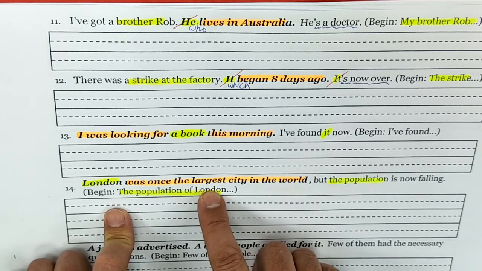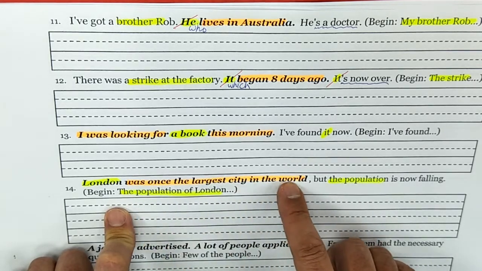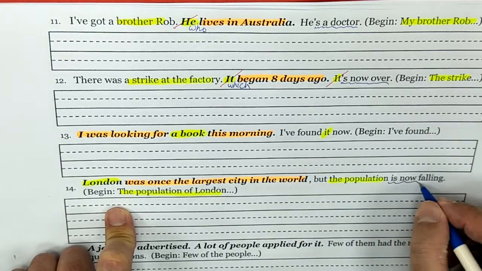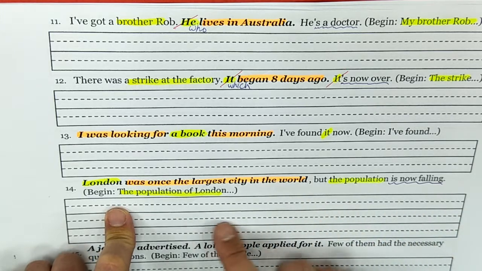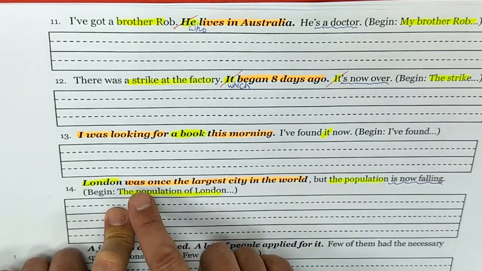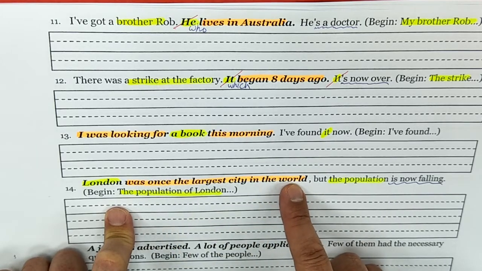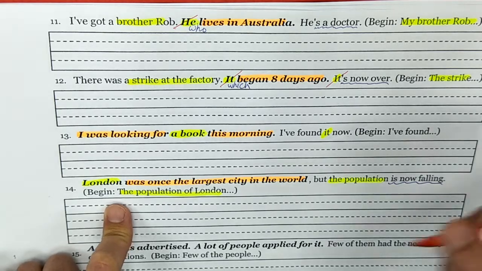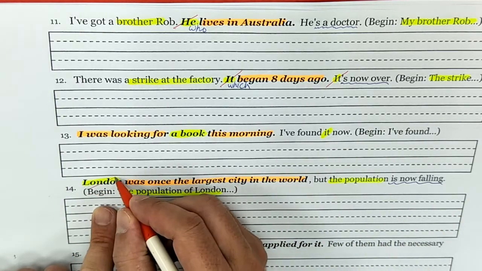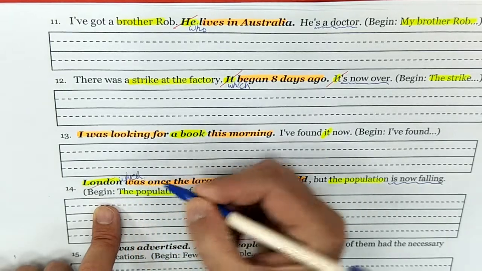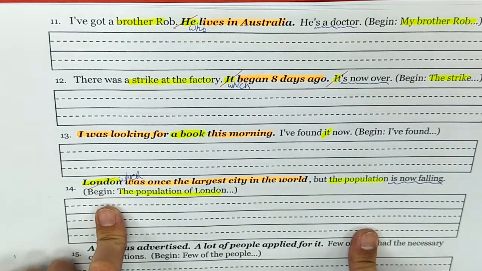The population of London, which was once the largest city in the world, is now falling. This is the main sentence here. So we can say this one, London, is out. We're going to write which.